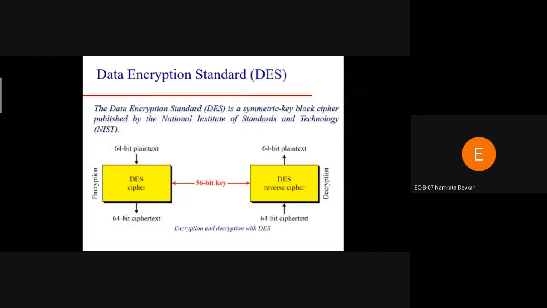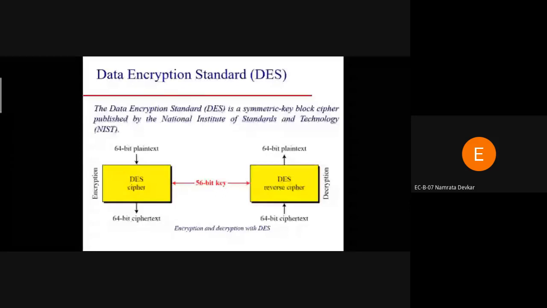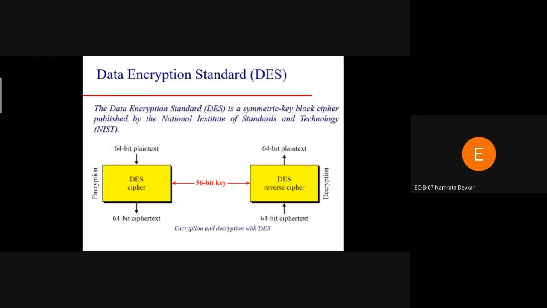Now how does it work, what is the basic design principle of this algorithm? We first encrypt our information, and then send it to the receiver. The receiver uses the same key, and with the help of this key, the receiver can decrypt the information. To encrypt and decrypt, we require various algorithms.